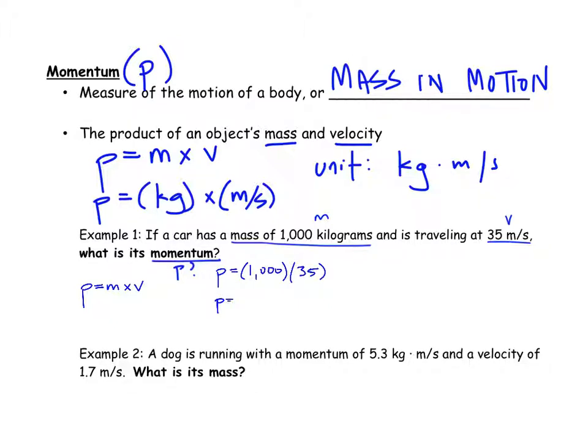So this is simple. When I multiply 1,000 times 35, I get 35,000. And remember, since I'm multiplying mass times velocity, the units for mass are kilograms times the units for velocity, meters per second. My answer becomes 35,000 kilograms times meters per second.